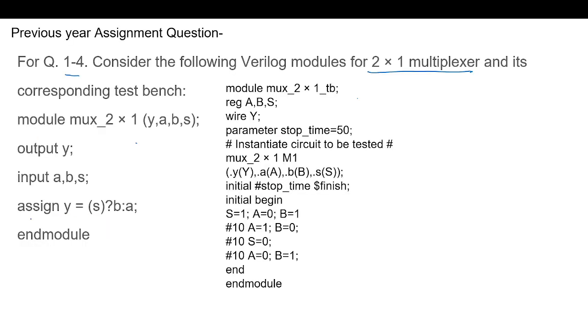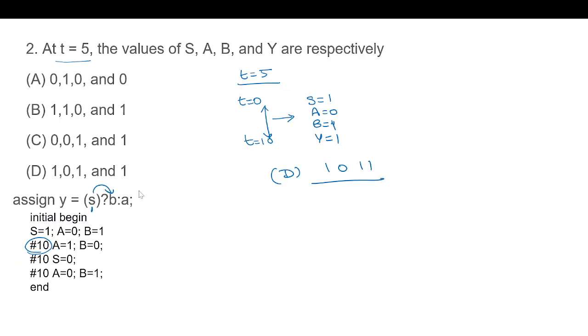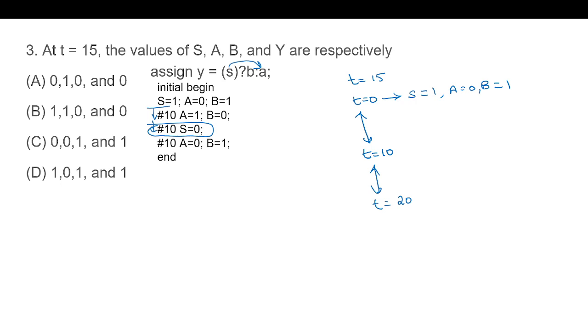So there is no clock, direct assignment only. At t equal to 10, A is 1, B is 0. My S is still selecting 1. So Y will be, if I check at this instant, Y will be selecting B, so 0. At this instant, Y will be 1.